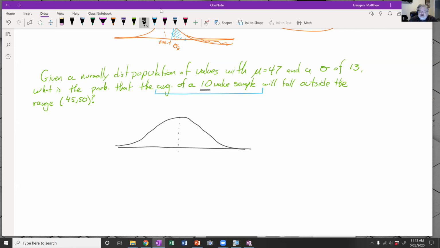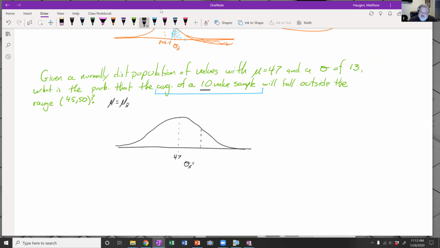The mean of our data should be equal to the mean in our sampling distribution, because it always is. So that's still going to be 47. But when we look at our standard deviation in our sampling distribution, which we call standard error, it's not going to be the 13.